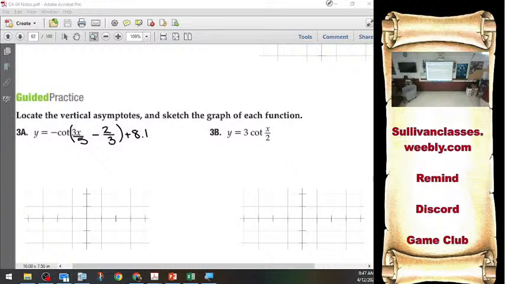You just have to remember there's a pi with all of them, specifically because those calculators won't do it in terms of pi. No, the calculator will not work in terms of pi, or at least the TI-84s won't. So you need to just remember the pi's there.